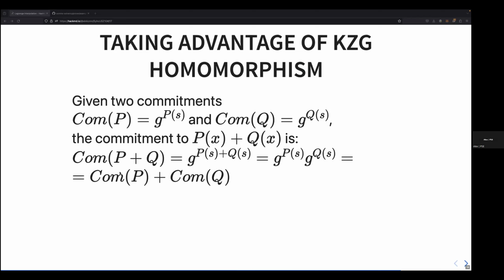And the grand total KZG opening proof is verified against this resulting commitment that is a sum of individual chunk commitments. This way, the user can be sure that, for example, if there are 100 users and they are more or less equally distributed across 10 chunks, so there are a few users for each chunk, at least one of them has verified their inclusion into chunks. That already tells us something about the chunks.